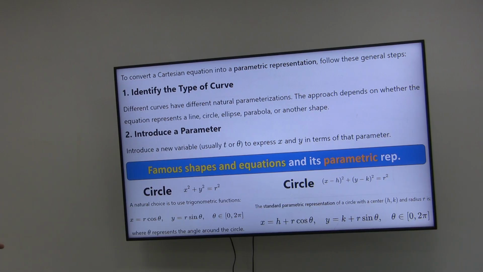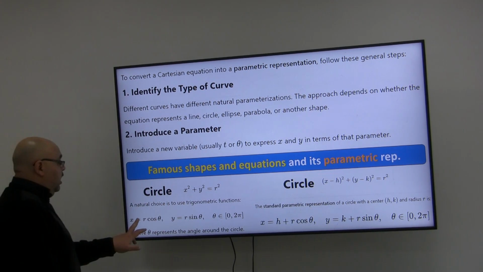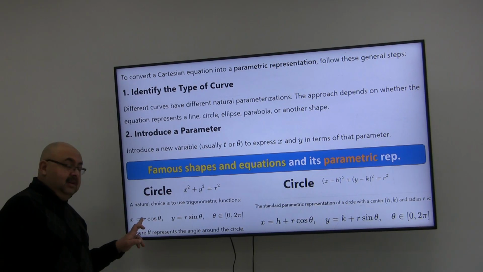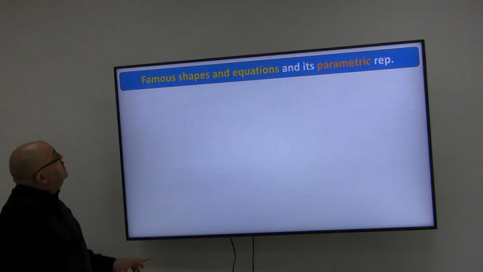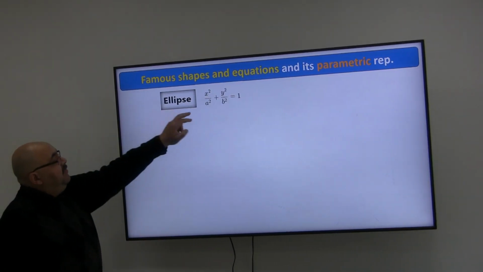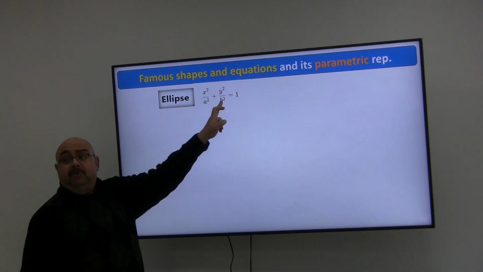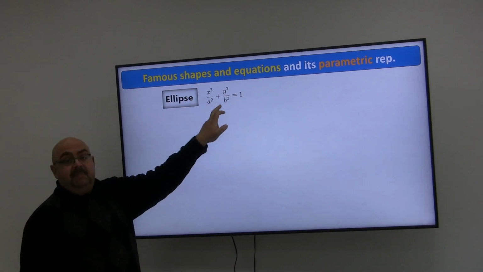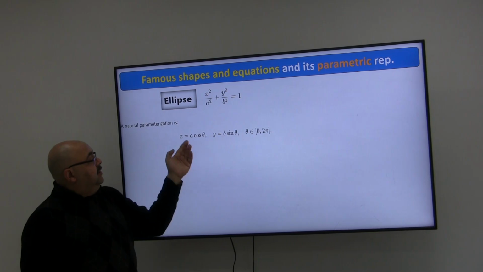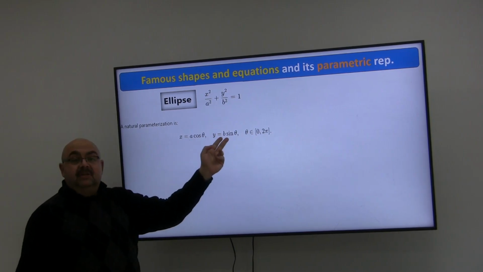So instead of using r, this is going to be a cosine theta, and this is going to be b sine theta. If I have x squared over a squared plus y squared over b squared, the parametric form is a cosine theta, b sine theta.